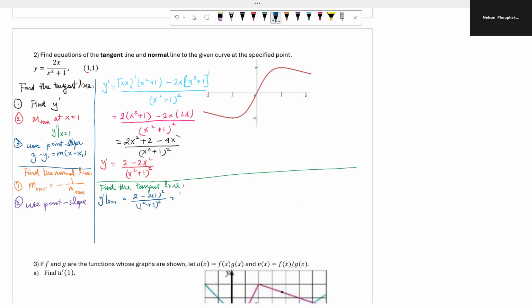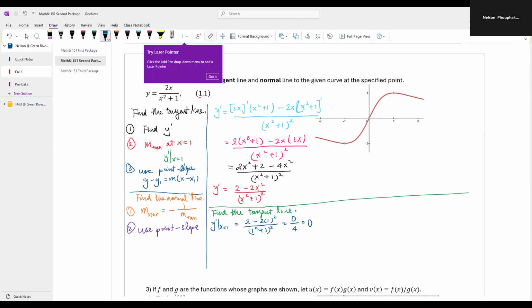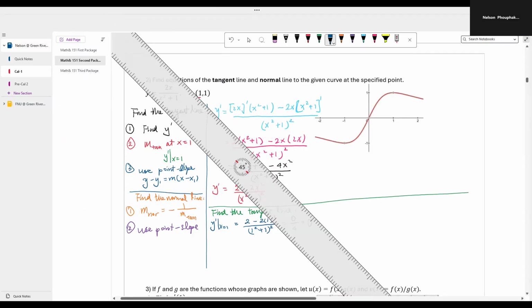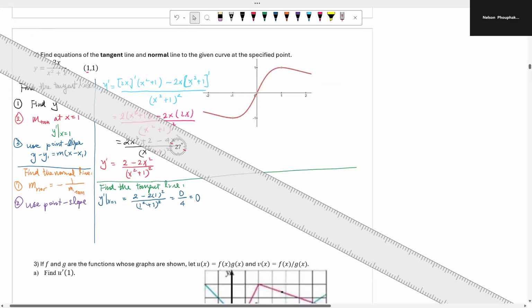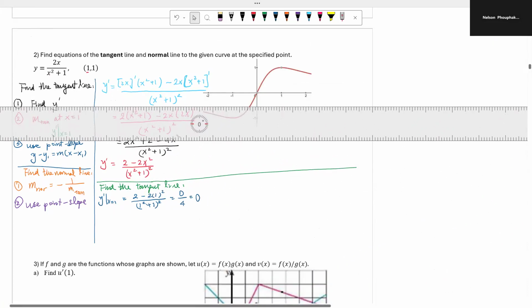We found out that the slope of the tangent is equal to 0. So remember the slope of the tangent, if it is equal to 0, what does this mean? It means that, if the slope is equal to 0, we have a horizontal line.